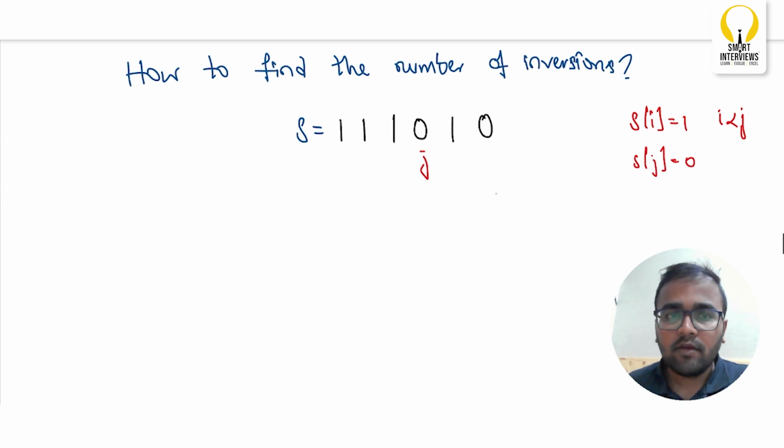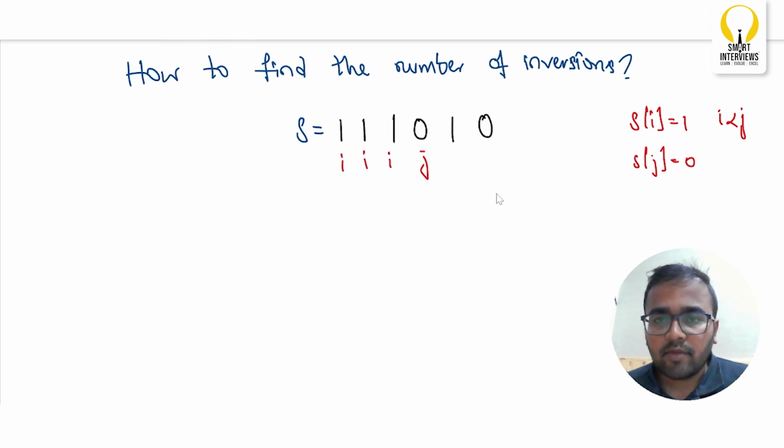You'll fix the value of j and you have multiple i values which are less than j. This can be some i, this can be some i, this can be some i. All these i's are going to contribute to the number of inversions with respect to this particular 0. Similarly, with respect to this 0, one more i will be added here. These are the number of inversions.